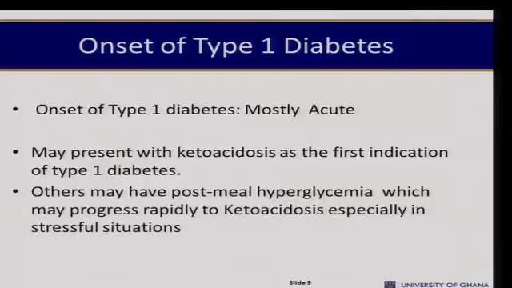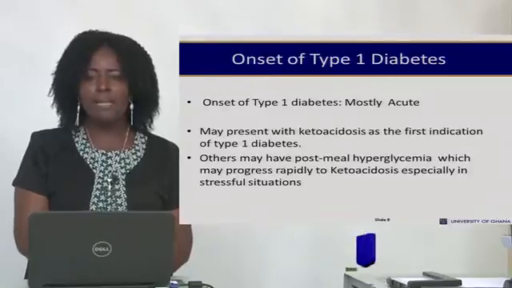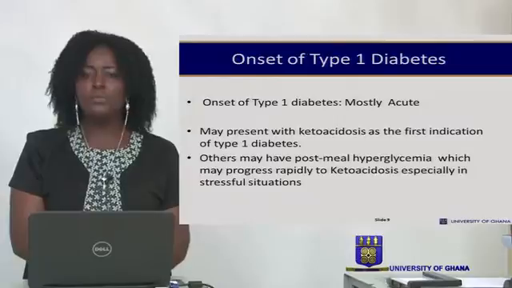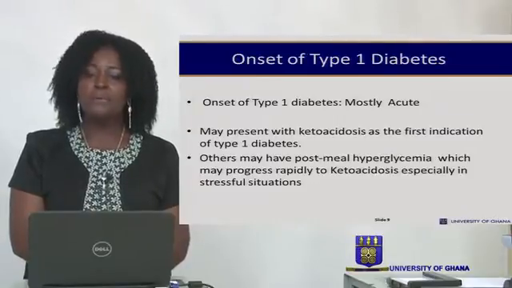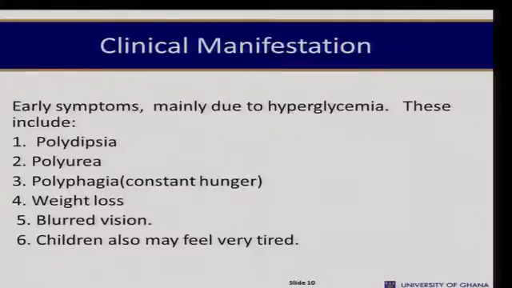However, when it starts, the individual may also exhibit some post-meal hyperglycemia, which may progress rapidly to ketoacidosis, especially in stressful situations.